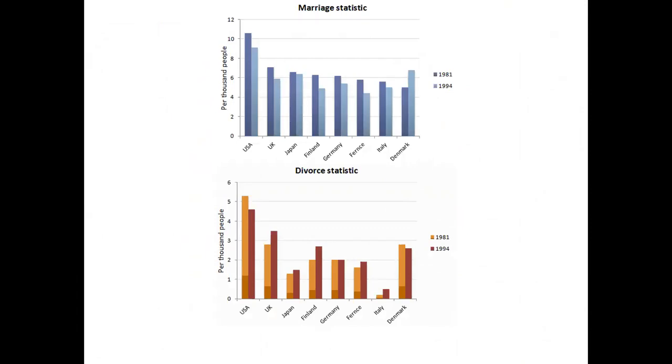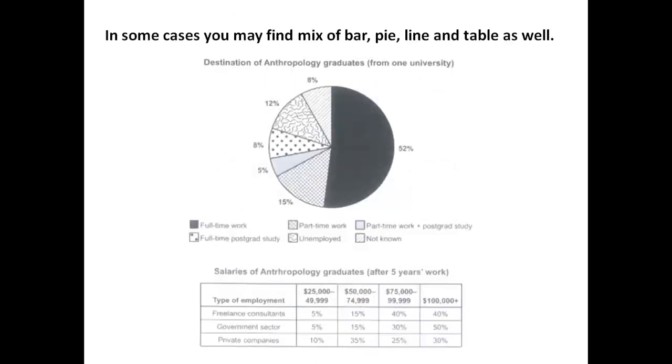And then we have a double bar graph. Again, they represent some statistics. And now we have a mix of graphs as well, such as pie and table, as you can see here. So in some cases, you may find a mix of bar and pie, or line or table as well. As you can see there, it's a pie chart and table.